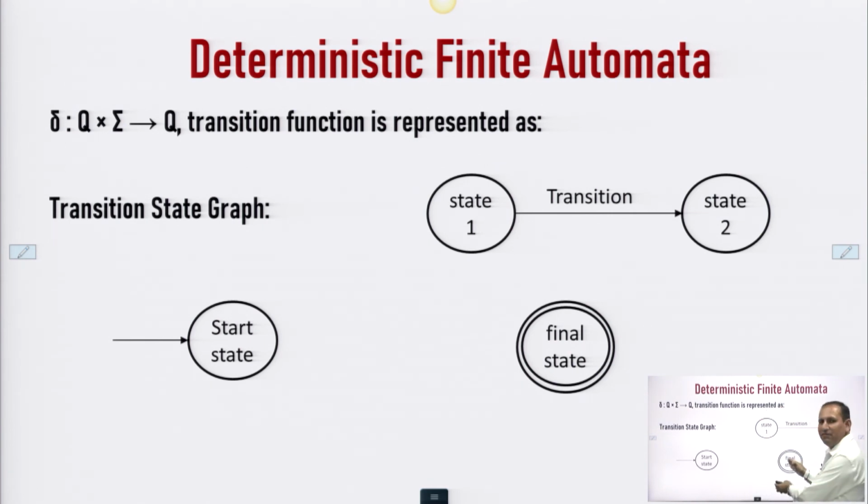And in the transition graph you will have the different transitions. You will have state number 1 for which for some input it will go to state number 2. So, different kinds of transitions will be there in the graph.